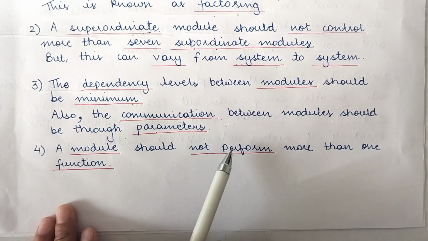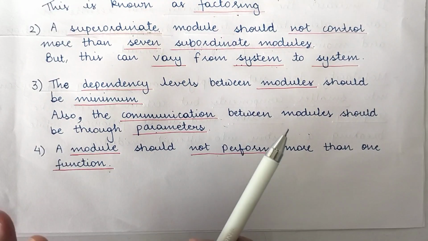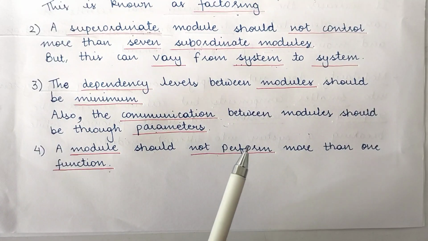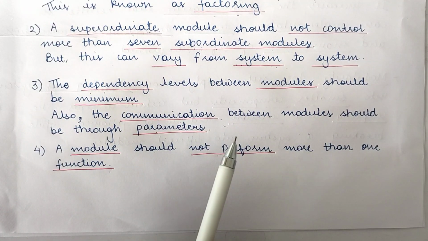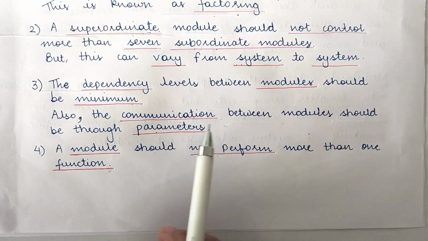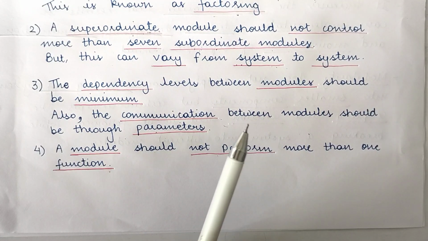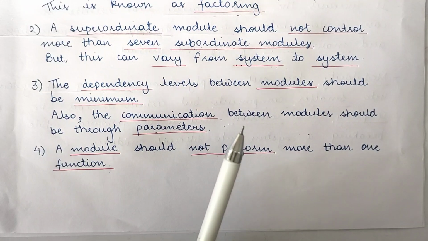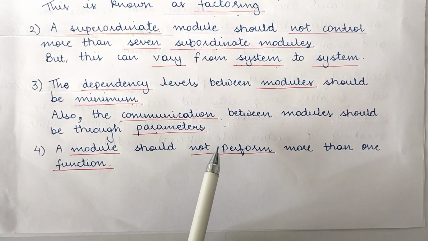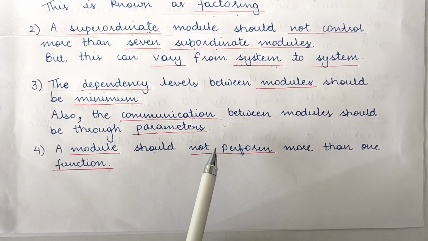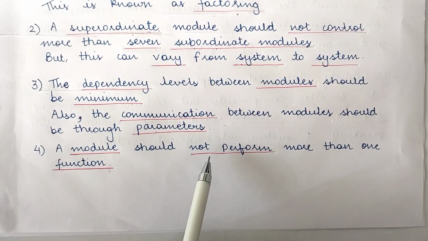A module should not perform more than one function. A module should always stick to one function. Say for example, if you consider a simple C program and you have one module or one function for multiplication, then one function for division, then one function for subtraction. At any given point of time, any module should not perform more than one function, and it should stick to that particular function only.